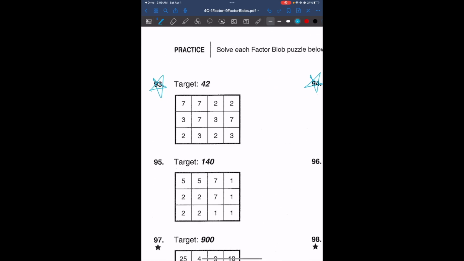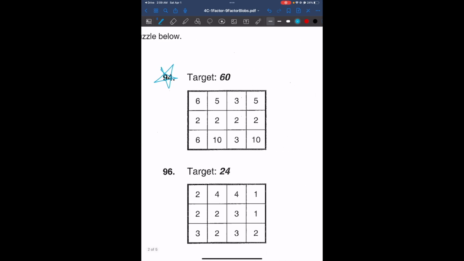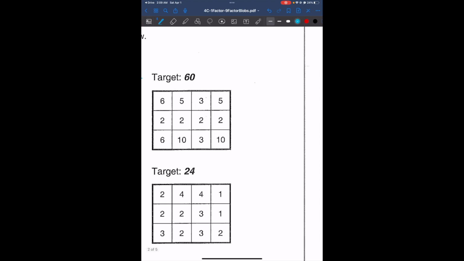So for problem 93, the solution is going to be one blob. These three numbers are going to be in one blob, these three numbers and these three numbers. And for problem 94, the solution is going to be like this.